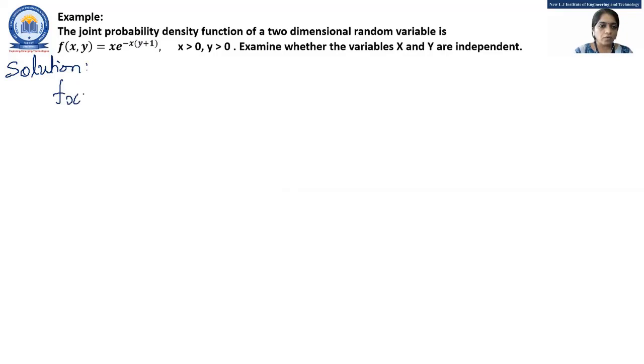f of x for all x is equal to integration minus infinity to infinity f of xy dy, right? So here 0 to infinity, because x and y both are greater than 0.